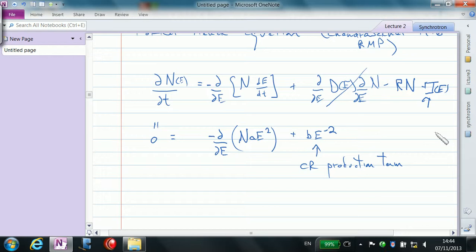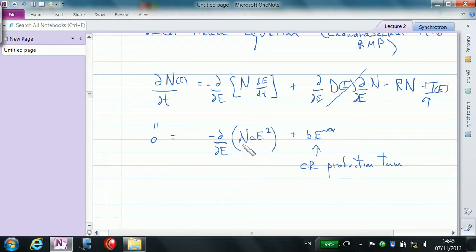If you have Brownian collisions, you have diffusion in empty space. But just solve this equation. What do you get? If this is negligible, you get n is equal to E to the minus 2. In fact, let's just call it E to the minus alpha.